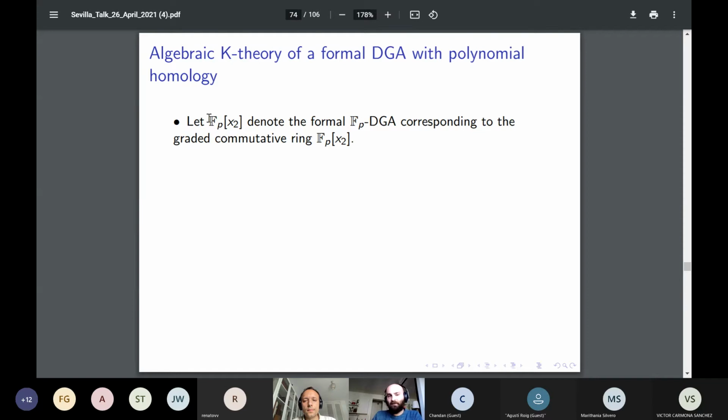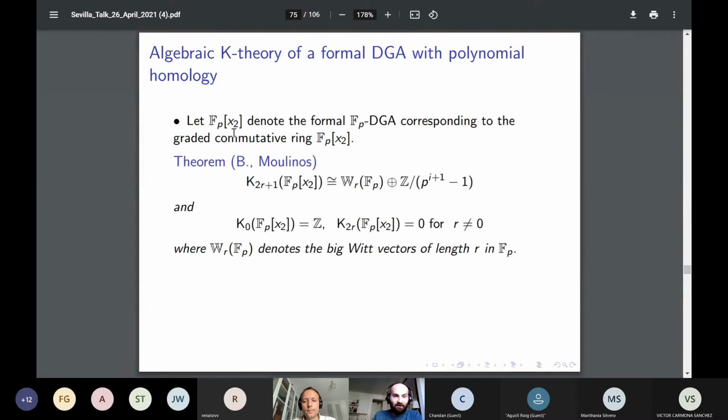So when I write this, I mean the formal DGA corresponding to this graded ring. We just impose trivial differentials to this graded ring and imagine it as a DGA. And this is our result that basically gives the algebraic K-theory groups of this formal DGA.